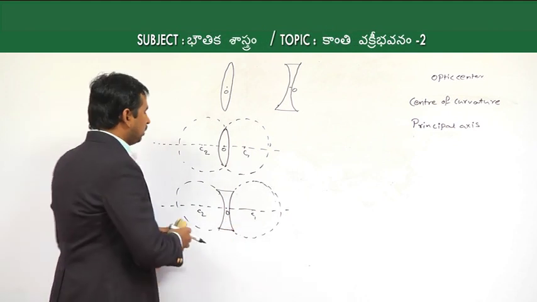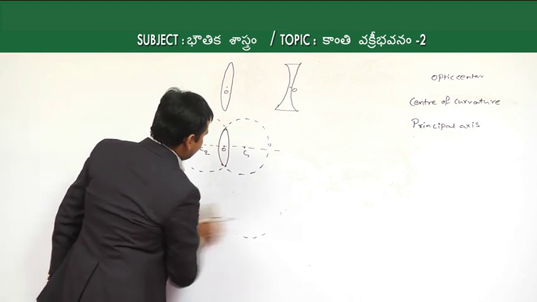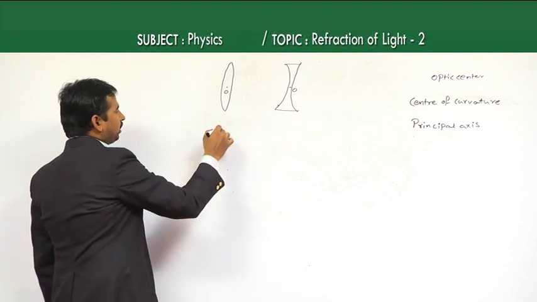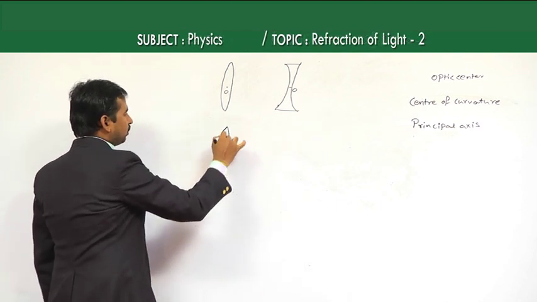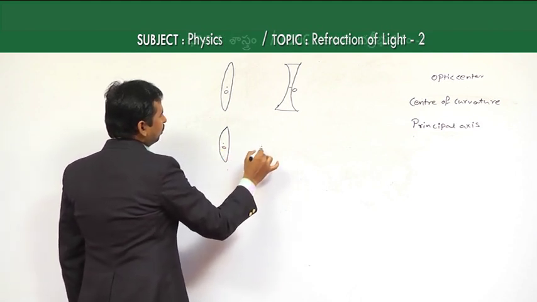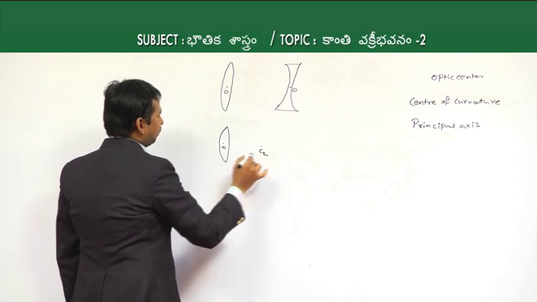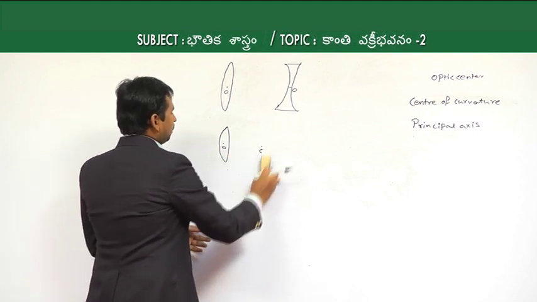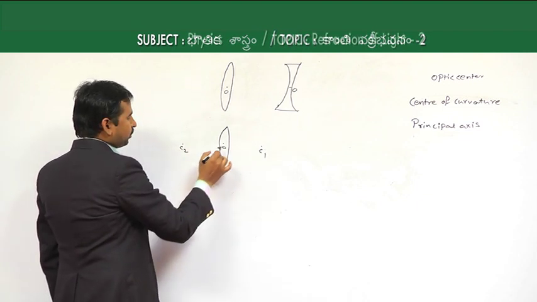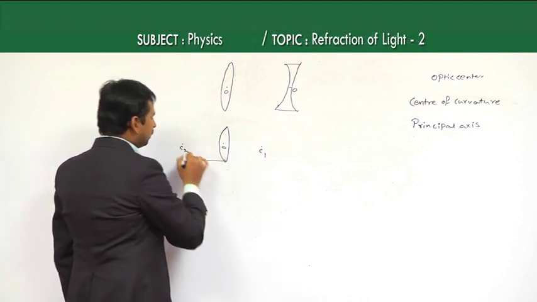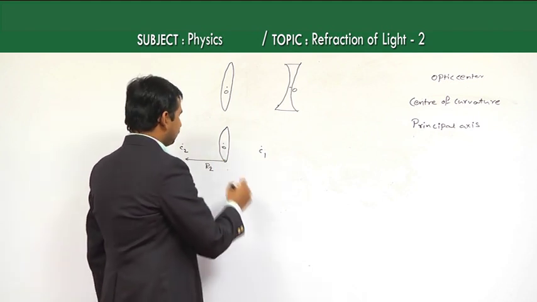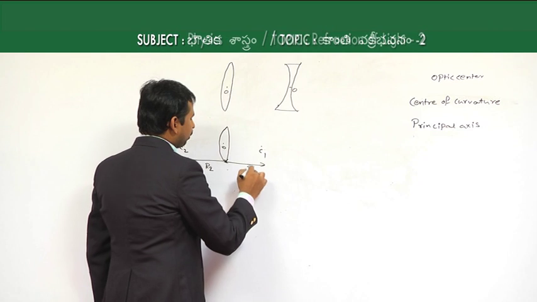The next one, now we will see the distances. When you take a convex or a concave lens, the distance from the optic center to the center of curvature, let us suppose this is C1 and on this side we have C2, we call radius of curvature.